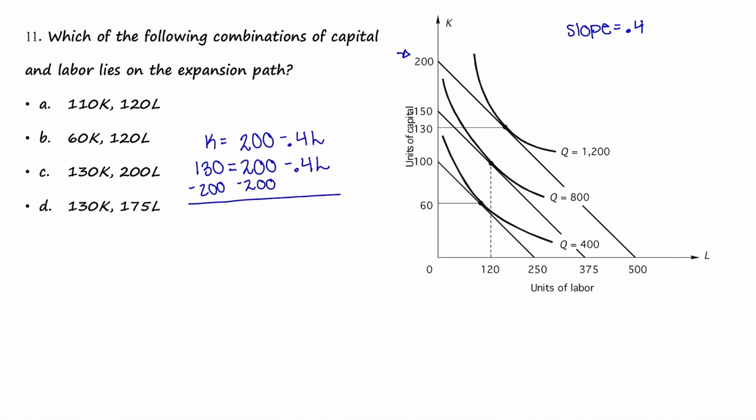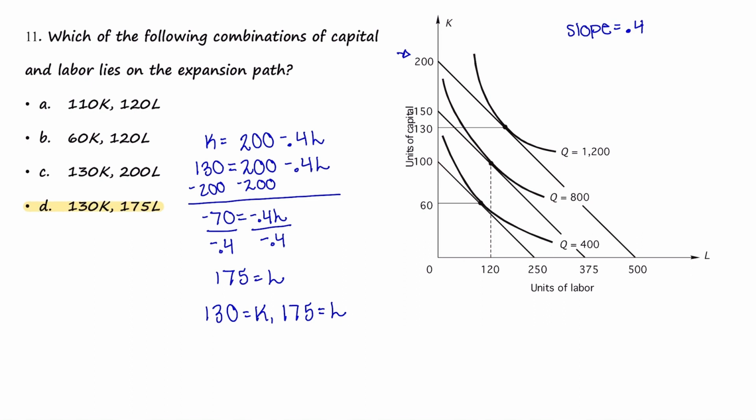We're going to get negative 70 equals negative 0.4 L. Divide by negative 0.4. And we see that we get 175 equals L. So 130 equals K and 175 equals L.